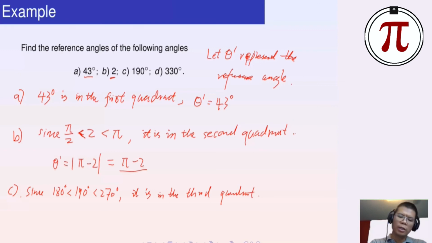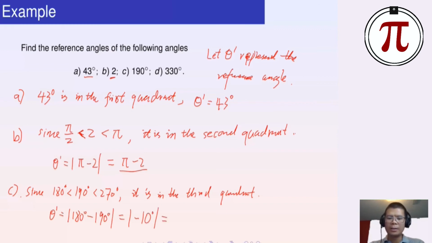So theta prime equals what? The absolute value of pi, but not pi, since this is already in degrees. So it is 180 minus 190. Absolute value of what? Negative 10. If you take the absolute value, that's 10 degrees.